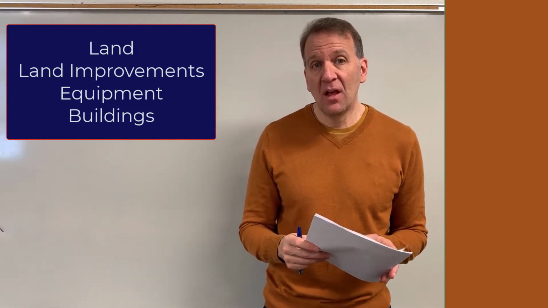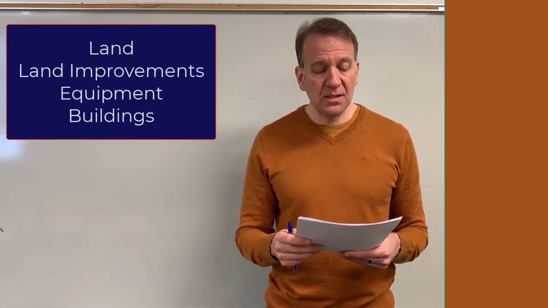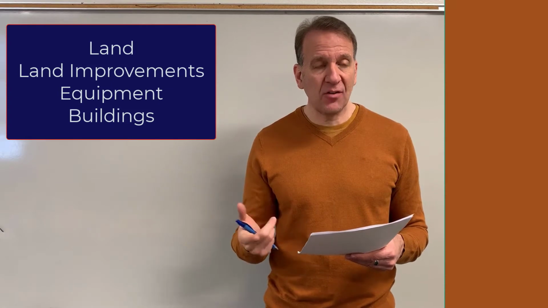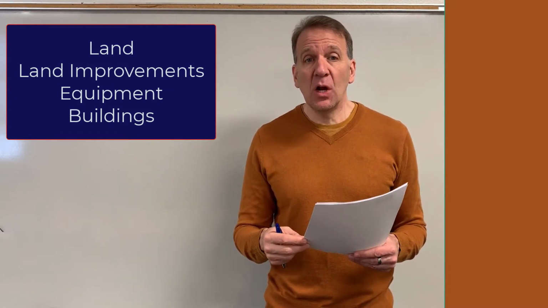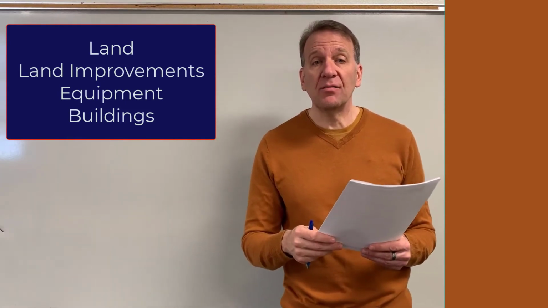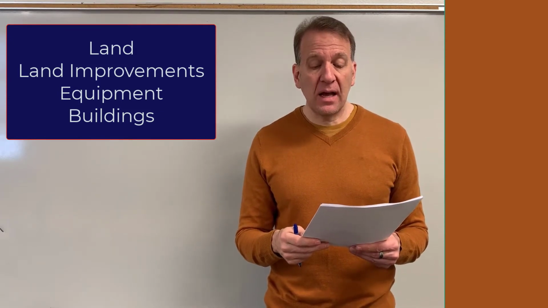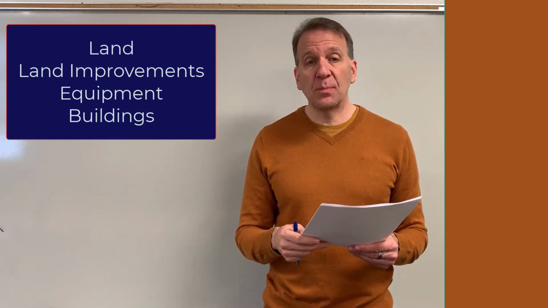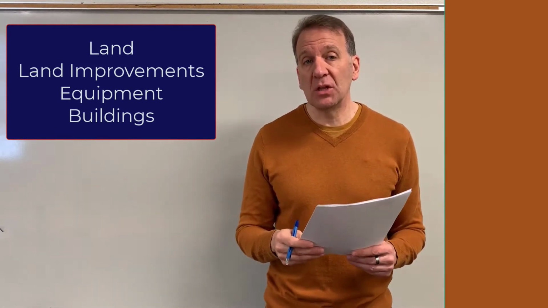The last item we're going to talk about is buildings. Buildings include the purchase price, title fees, commissions, brokerage fees, things like that. When we're purchasing a building, all those costs associated with the purchase of that building go into that account. And then these costs are depreciated based off of the different depreciation models that we're going to be looking at.